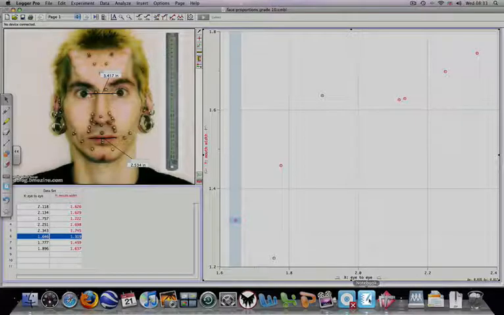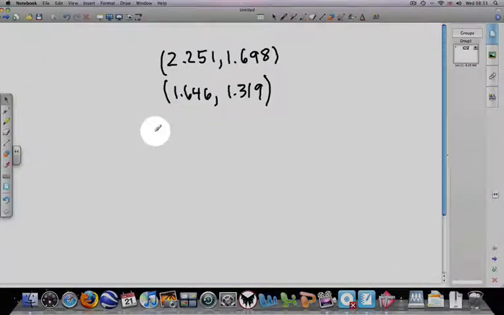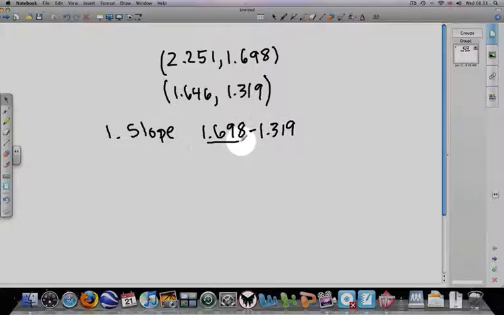So let's go back. We want to find the slope first. To find the equation of a line we need 2 things: the slope, and then a point. The slope is 1.698 minus 1.319, divided by 2.251 minus 1.646.